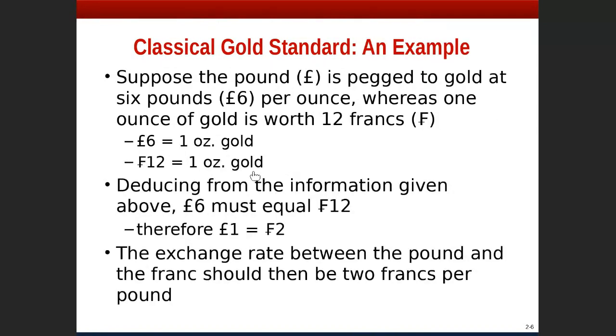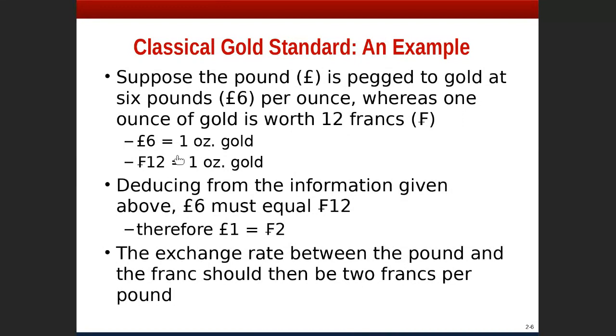Now let's go over a very simple example of the classical gold standard. Now suppose that the pound is pegged to gold at 6 pounds per ounce, whereas 1 ounce of gold is worth 12 francs.